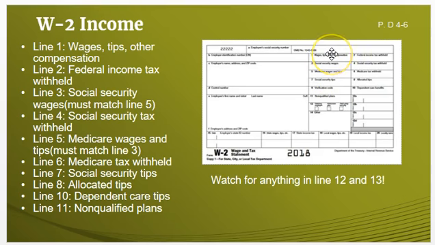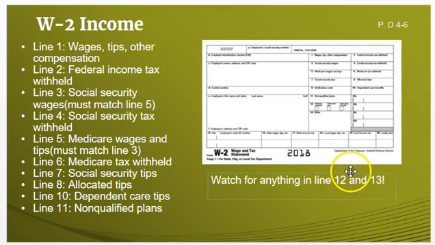Line 1, wages, tips, and other compensation, could be a different amount, but we put into our software whatever it is the company has reported as line 1, line 2, line 3, line 4, and line 5. Now, we could have things on other lines, but we will always have something on these lines. But we could also have things on other lines as listed here.